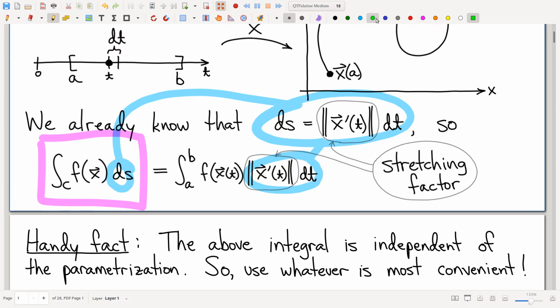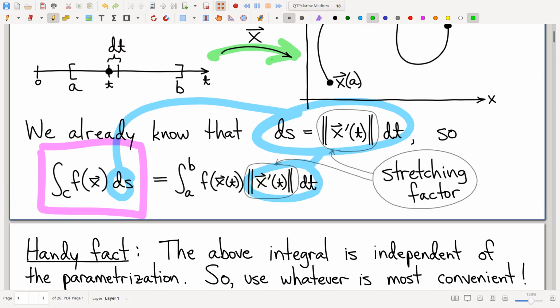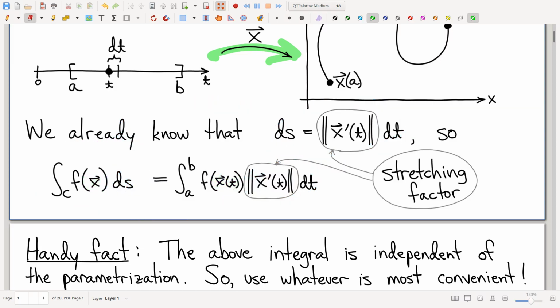Whatever your parameterization is, that tells you how to plug in for your x, y, and z in your original integral. And then, don't forget to compute the stretching factor, magnitude of the velocity, and off you go. It's single variable plug and chug at that point. Totally doable. All right, now before I show you an example, I do want to address a concern.